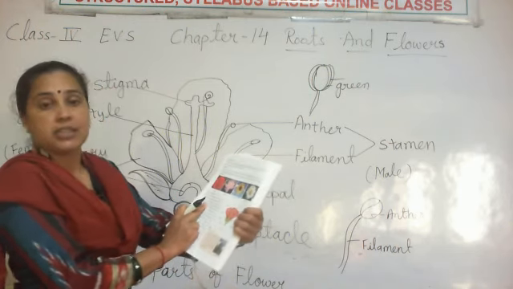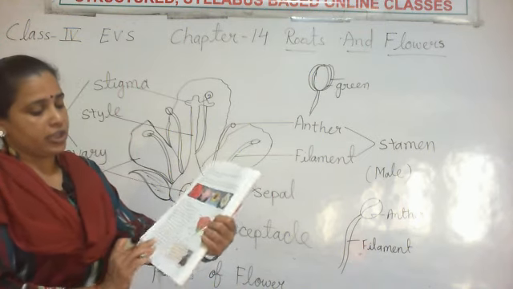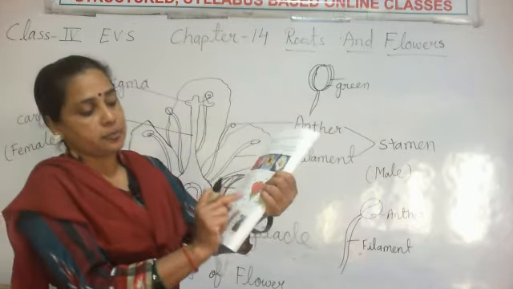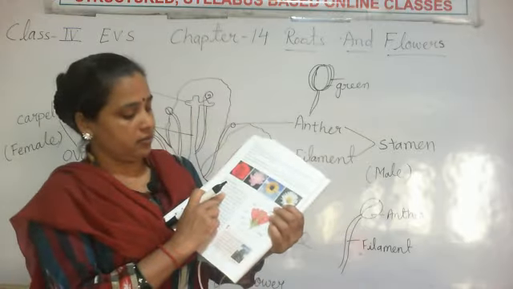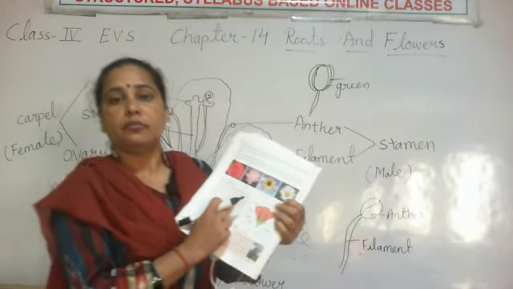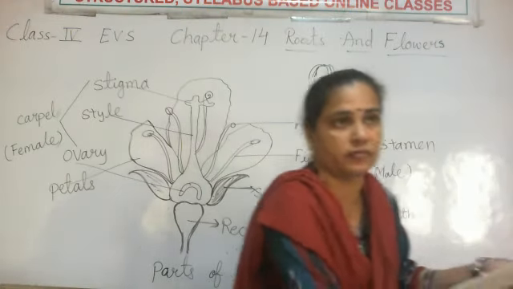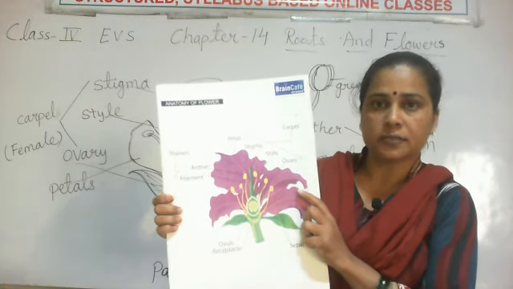Next part, stamen and carpel. Look here students, these words are not given in this picture. That is the stamen and carpel. For that I want to show you this picture. Look here, this picture.